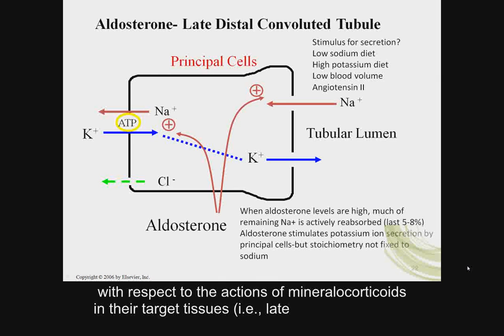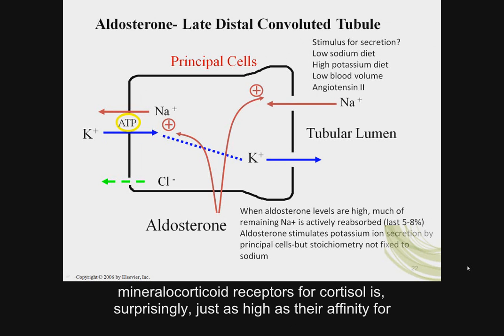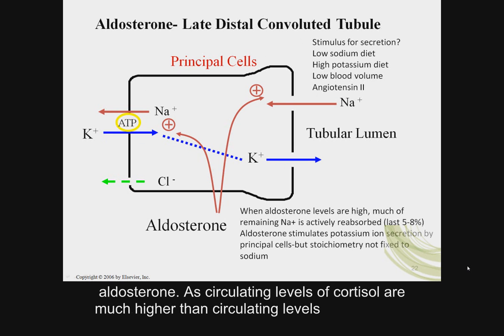An interesting problem arises with respect to the actions of mineralocorticoids in their target tissues, for example, the late distal tubule and collecting ducts of the kidney. That is, the affinity of mineralocorticoid receptors for cortisol is surprisingly just as high as their affinity for aldosterone.